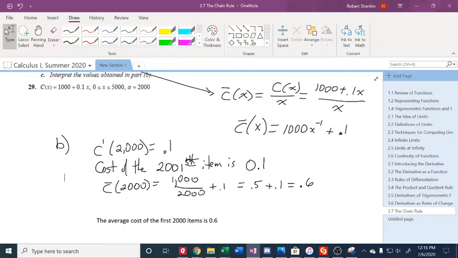It's like when we interpreted the derivative: in 2016, the profit is going to increase by $45 million in the next year.